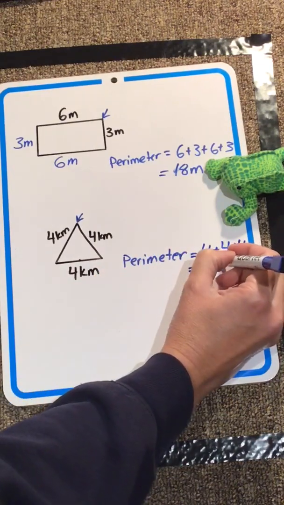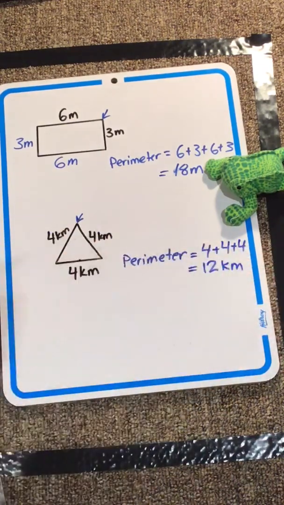Ooh, they used km, which we haven't talked about yet. That's a kilometer, which is 1,000 meters. So a kilometer is 1,000 times longer than our happy little meter stick. It's a long ways.